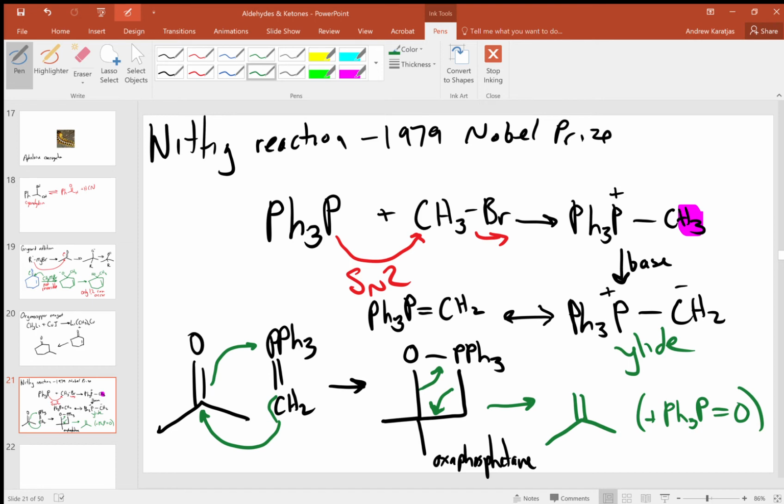But what we see in a Wittig reaction overall is that we get a new alkene that's formed between the carbon of the ylid and the carbon of the carbonyl. So this, of course, would be the simplest possible ylid that we could form. But depending on the ylid you make, this reaction can be a lot more complex.